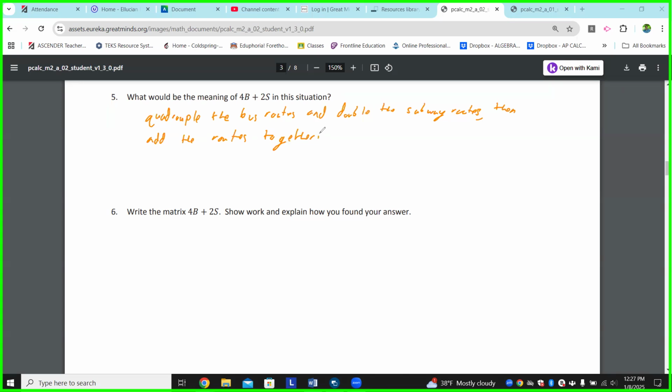All right. Once you have that, now go ahead and figure out what 4B plus 2S is. You might need to do a little pre-work, maybe figure out what 4B is and 2S is, and then add them together after that.